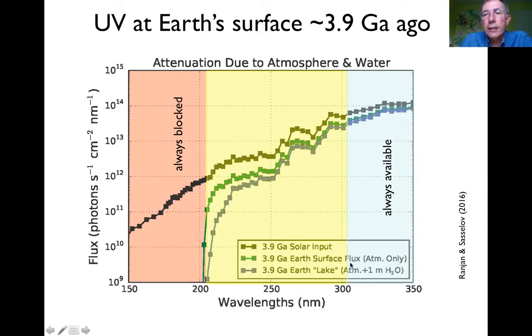And of course, above 300 nanometers, it's always available, even today. The ozone blocks the UVC today, but not above 300. But it turns out that UVB light is less important for our story here.